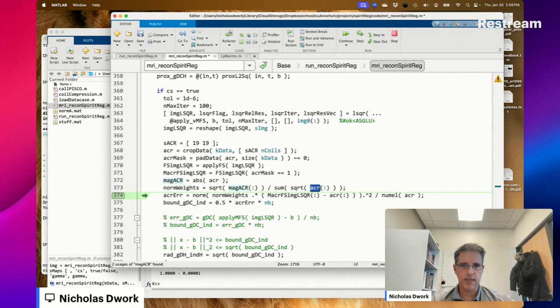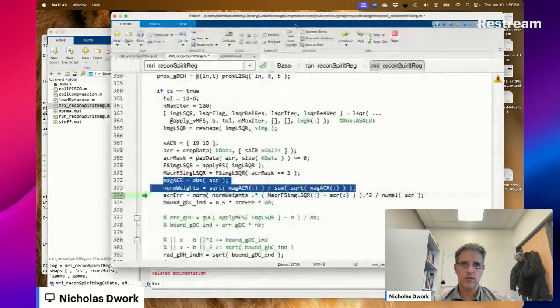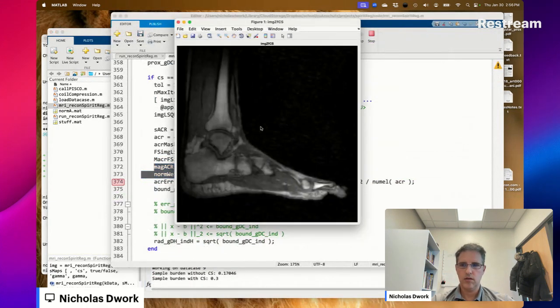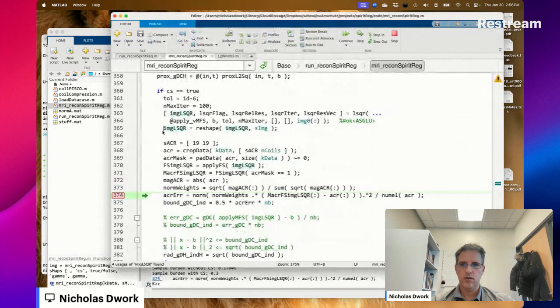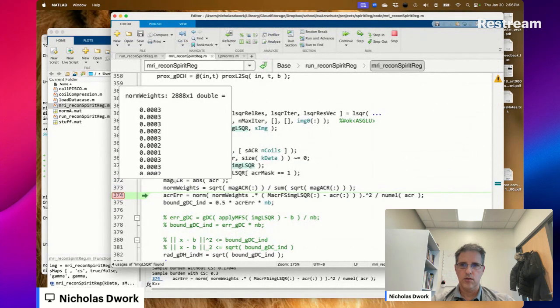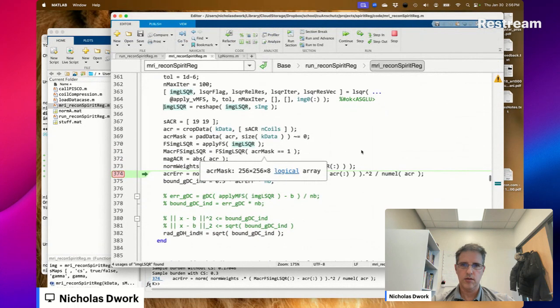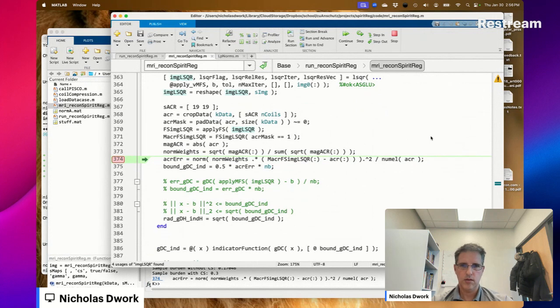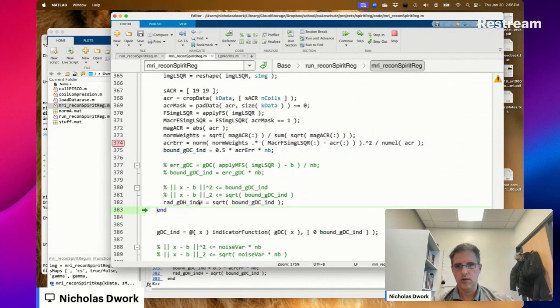That's at least an issue. Five times 10 to the negative 4.